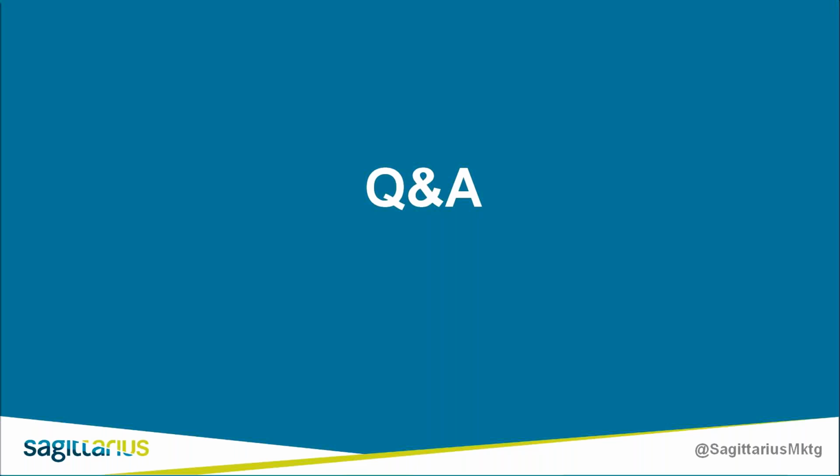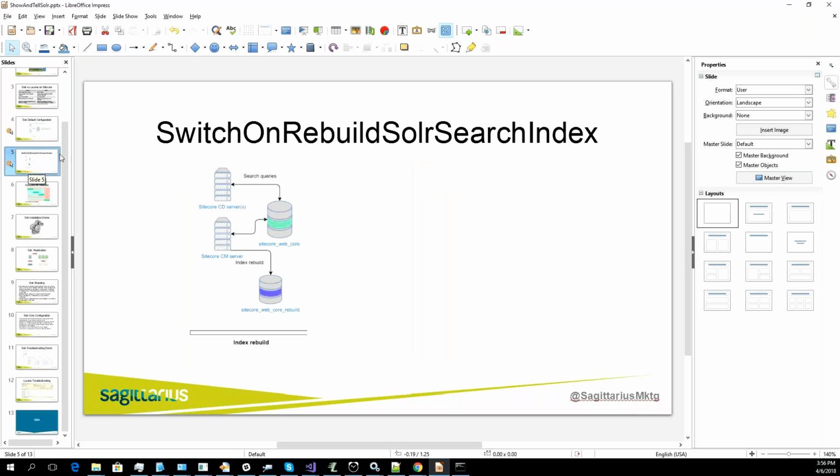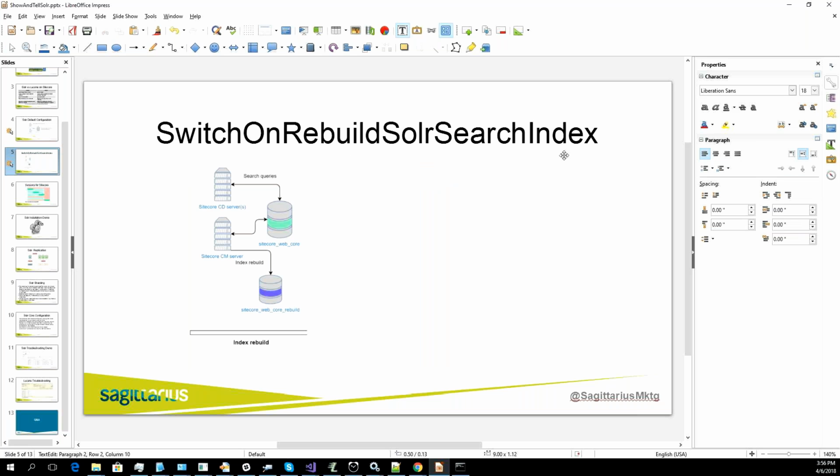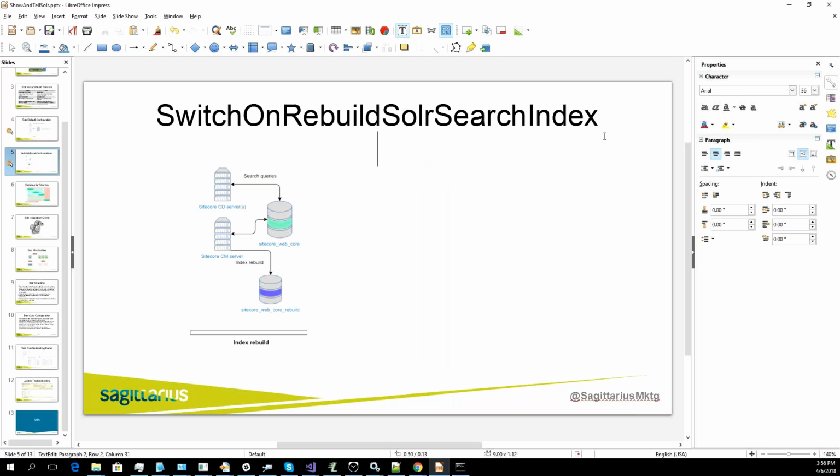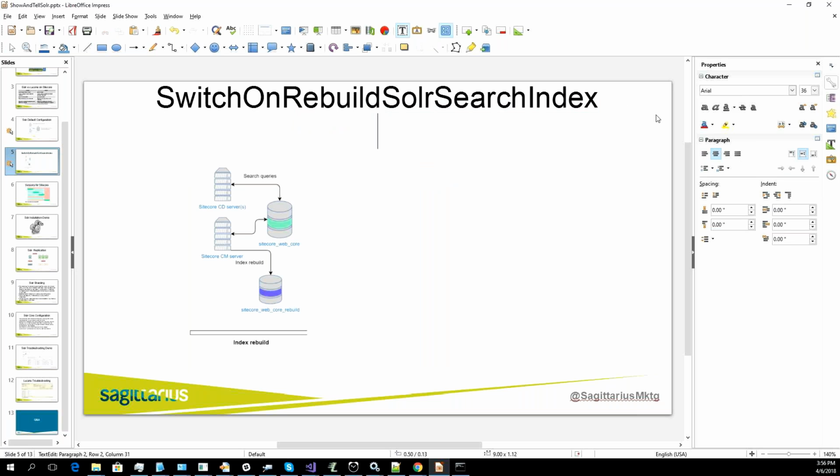To start rebuild index, you need... Let me open this slide. So out of the box, Sitecore comes with two index configurations that are present in Sitecore assemblies.